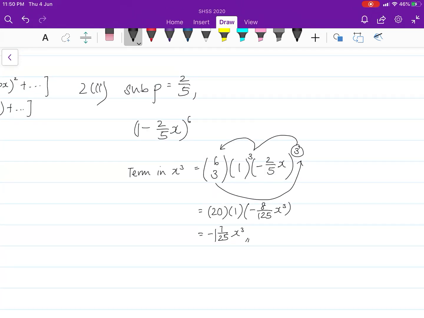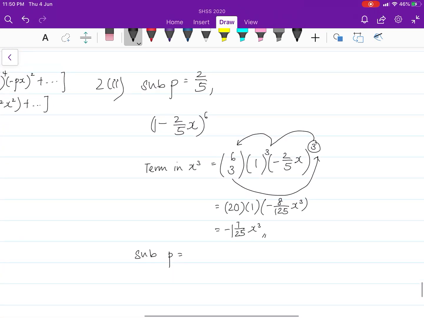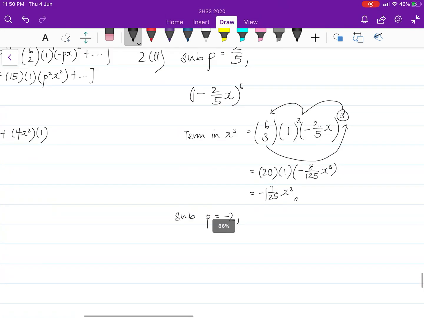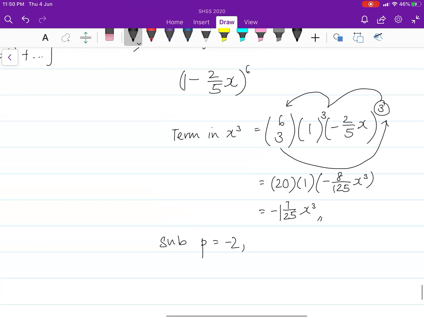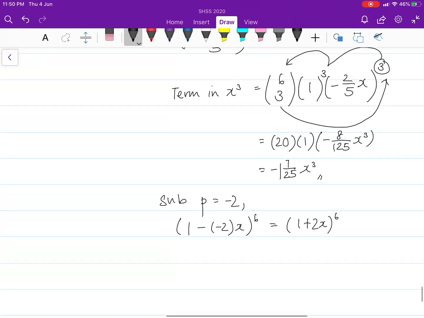Now, if you want a second answer, because they said for both values of p, you need to also sub in p equals to negative 2. If you sub in p equals to negative 2, it is 1 minus px, so it's (1 minus px) to the power of 6, which essentially becomes (1 plus 2x) to the power of 6. Apply the same technique that you use on top.